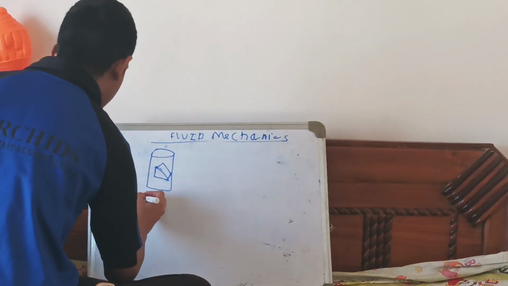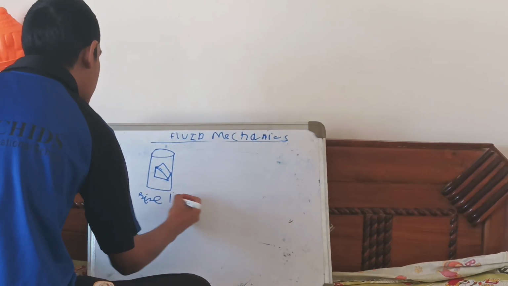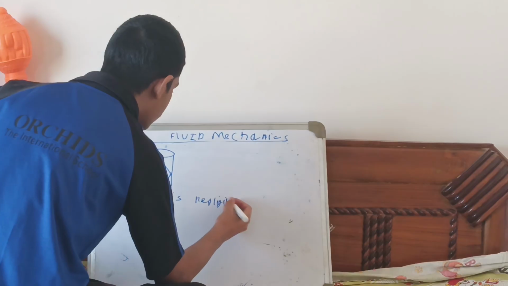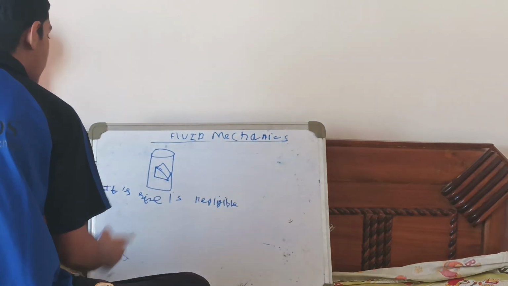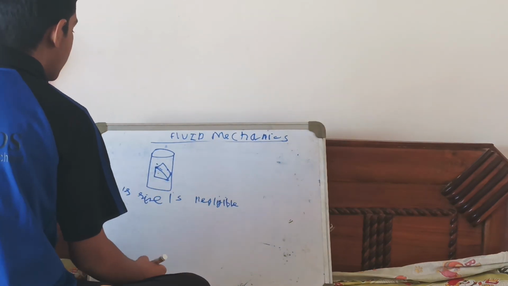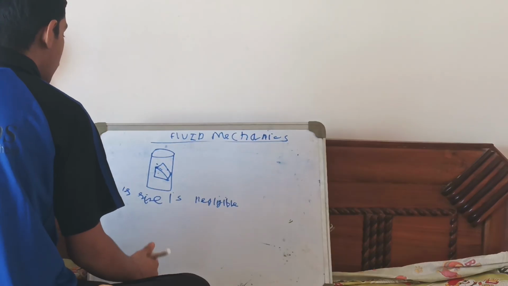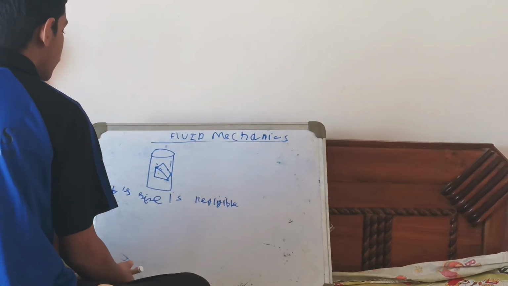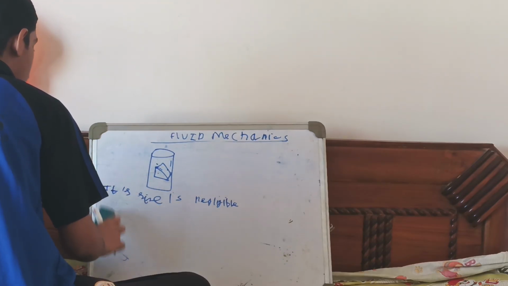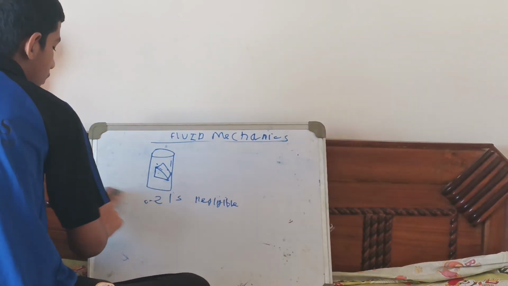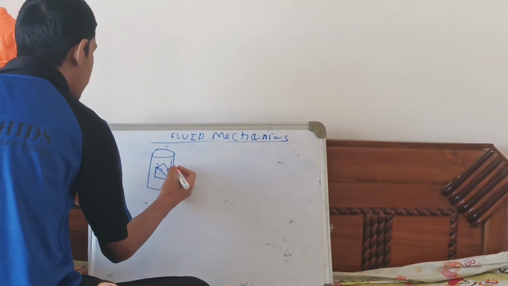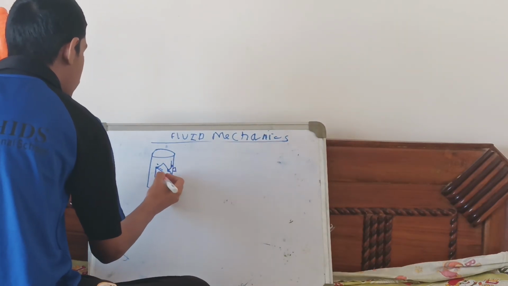So all the pressure exerted at any point will be the same, and gravitation will also be the same, because height will be the same.